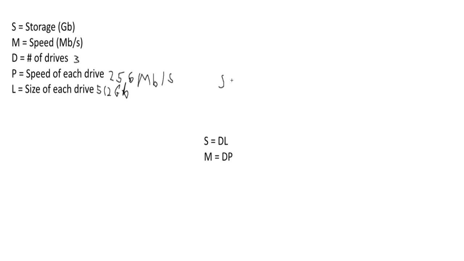So if you want to figure out the speed, you just plug it in. Speed equals 3 times 256, which is, let's see, 512, 768. Yeah, 768 sounds right.